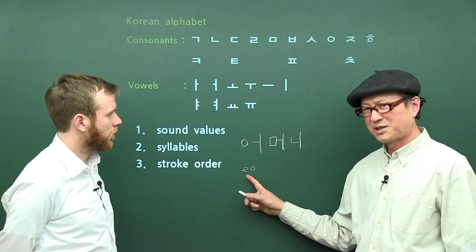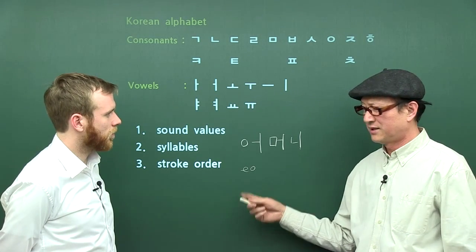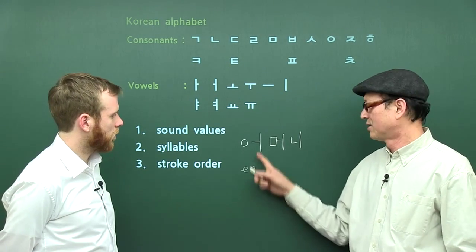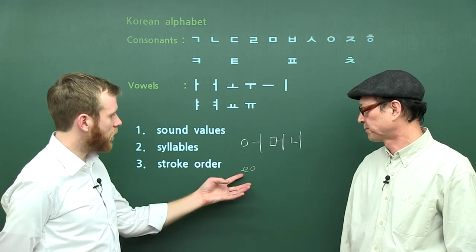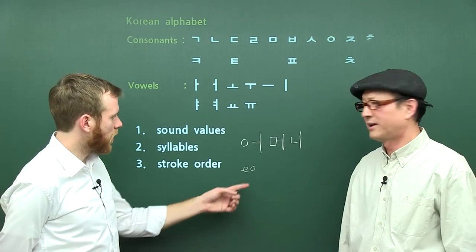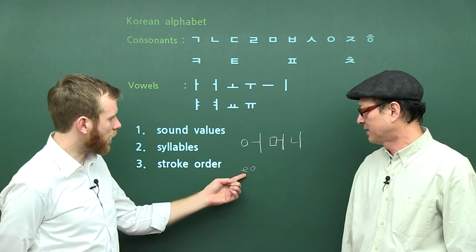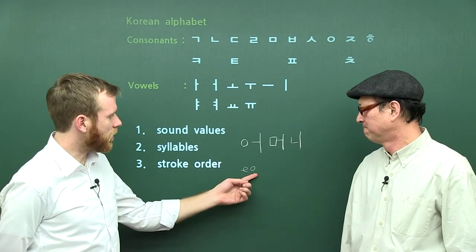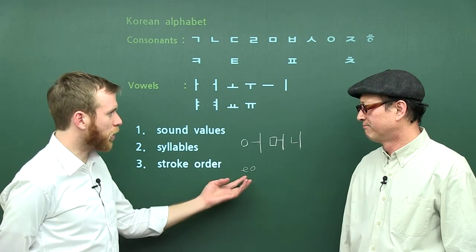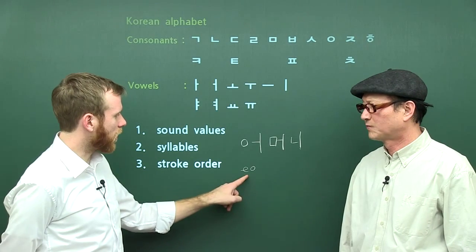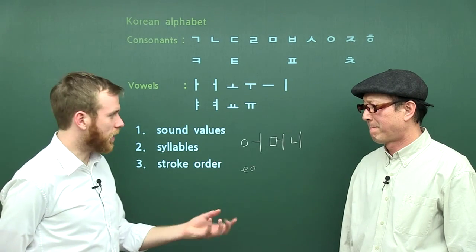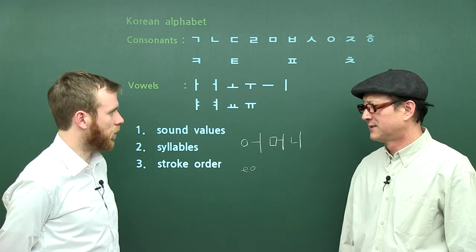When it's spelled like this in a Korean book, this means this one. So there are different kinds of romanizations of Korean, but the EO is quite popular. So the Korean government uses the EO form. So anytime you see this in Korean written into English, it's the UH sound.